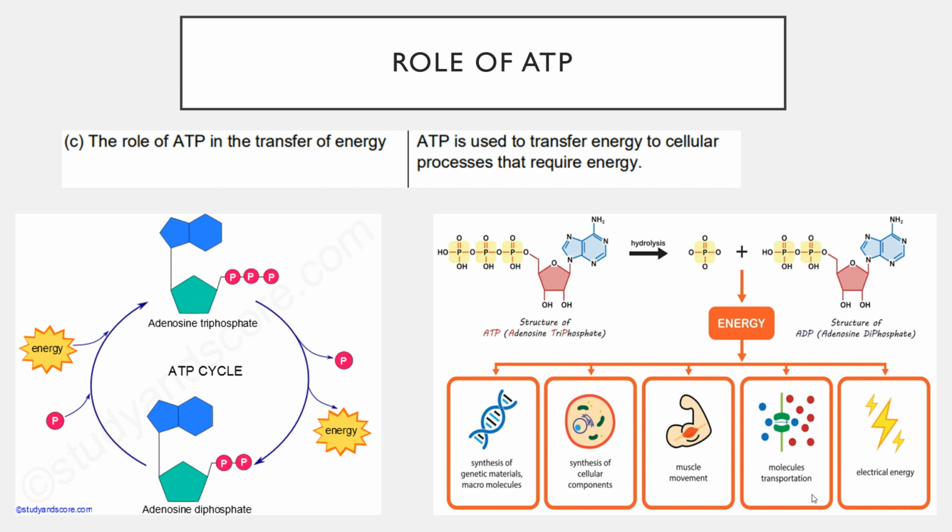That includes things we've already discussed, such as DNA replication, cell division, gene expression, or things like muscle contraction, transport of substances around the body, or even the electrical energy required for cell to cell communication. So, a massively important molecule produced in 3 stages of respiration.